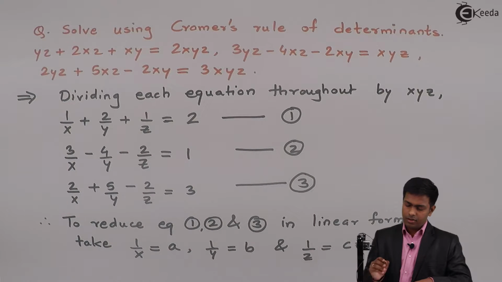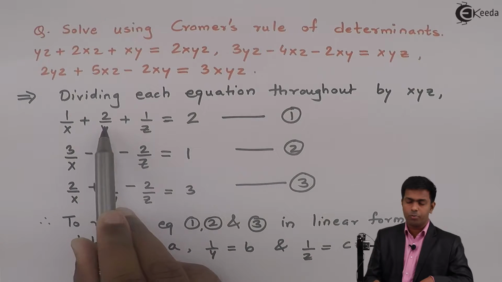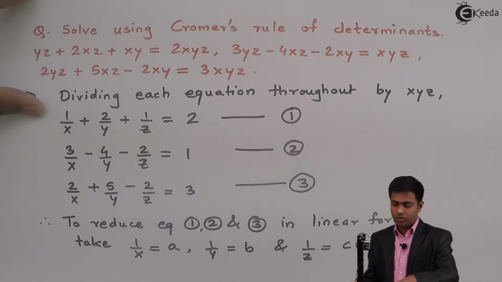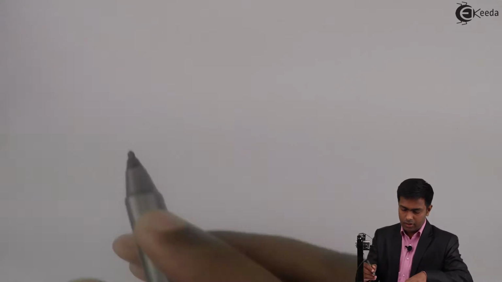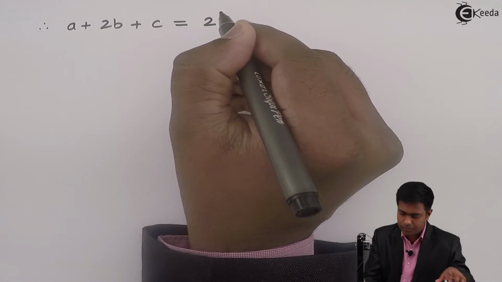So by this we will get a plus 2b plus c equal to 2.